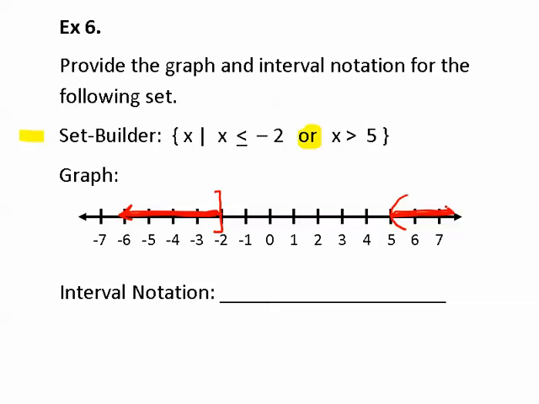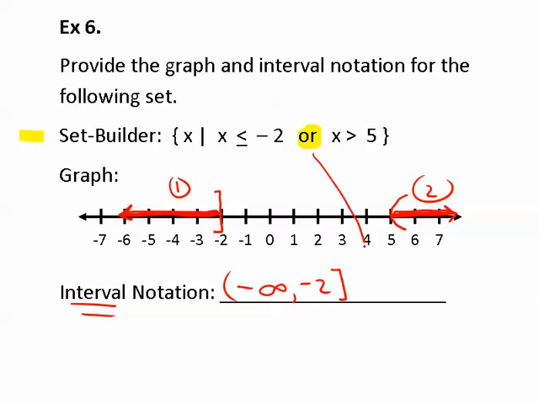It's greater than 5. Now what about the interval notation? Notice there are two intervals that we have to talk about. Interval means we're using the parentheses and the brackets. This time, because there are two intervals, we have to list them down here. So negative infinity up to -2, and it's a bracket on the -2. Infinities always have parentheses.